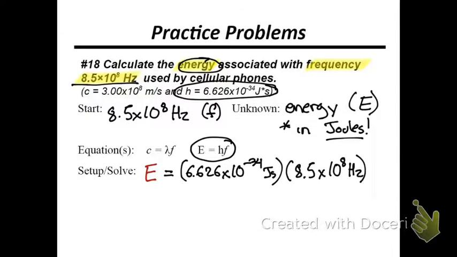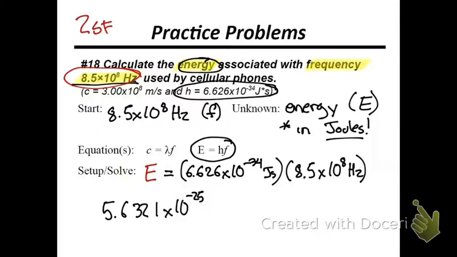Plug this into your calculator, and the raw number you should get out is 5.6321 times 10 to the negative 25th. We started with 2 sig figs, so we should end with 2 sig figs. Underline your top 2 place values, then round. Your final answer should be 5.6 times 10 to the negative 25th, pay attention to your unit, joules.